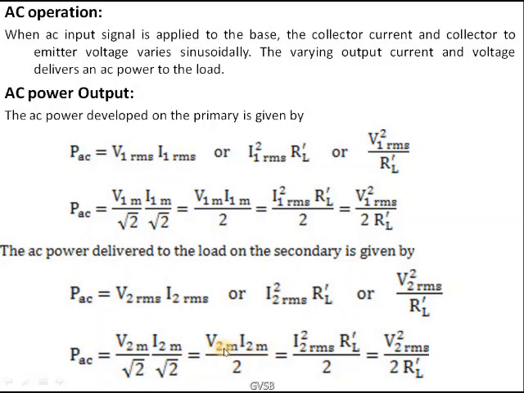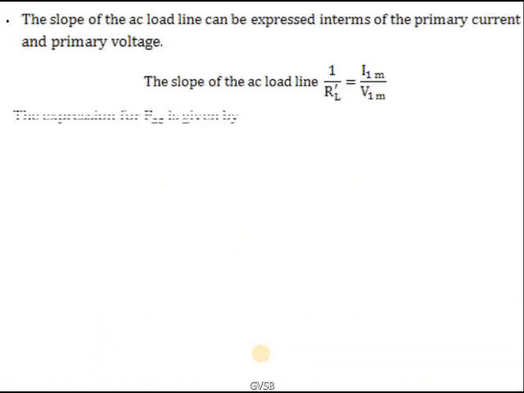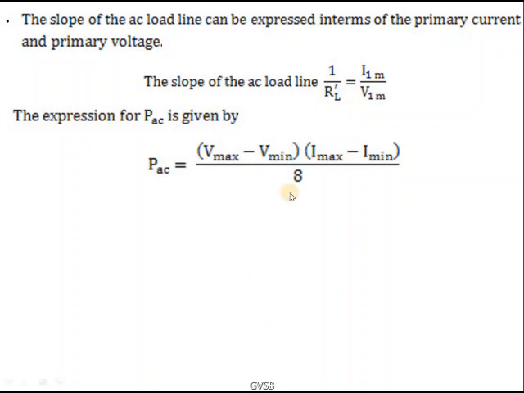V2 maximum can be written as V max minus V min by 2 and I2 maximum as I max minus I min by 2, so the equation becomes V max minus V min into I max minus I min by 8.